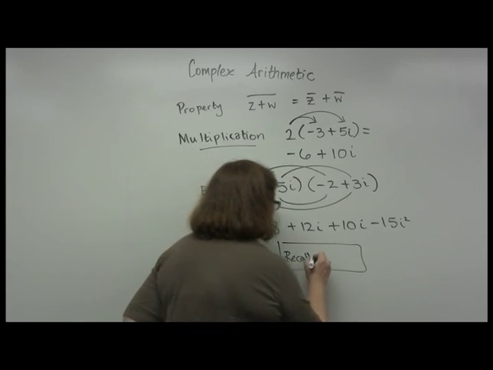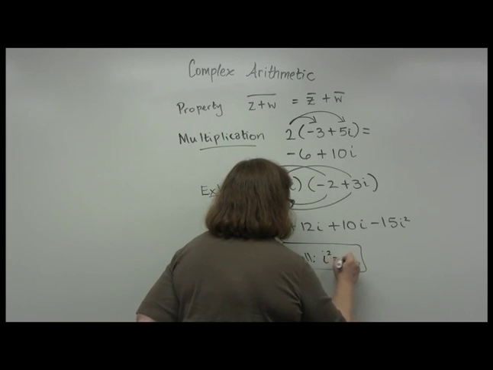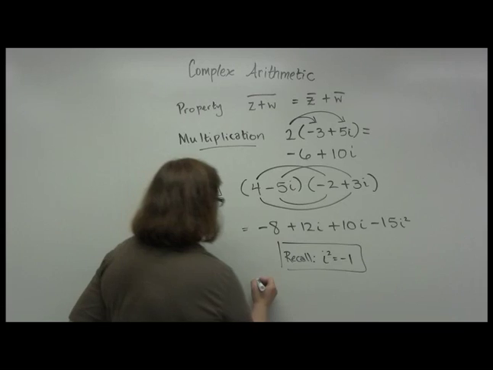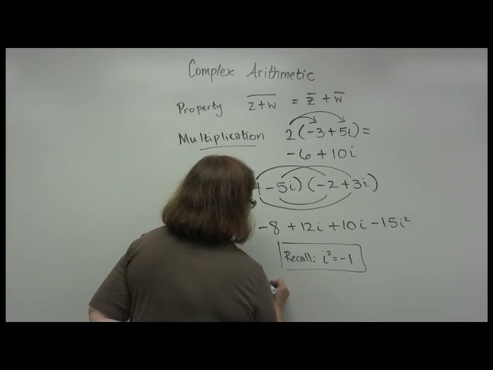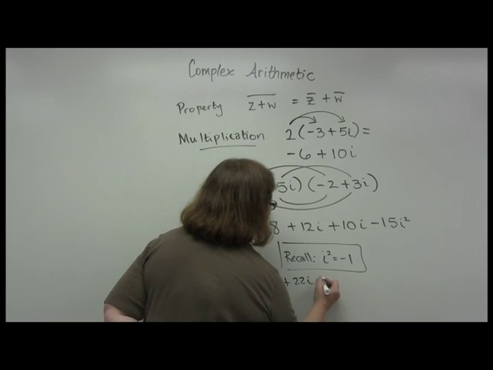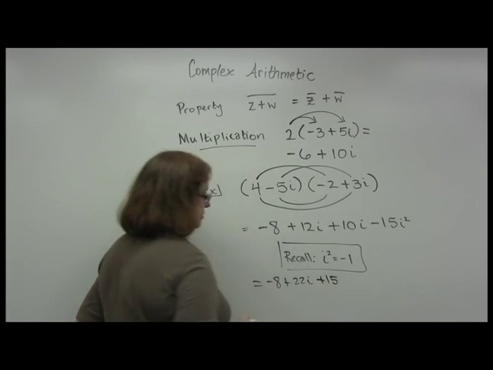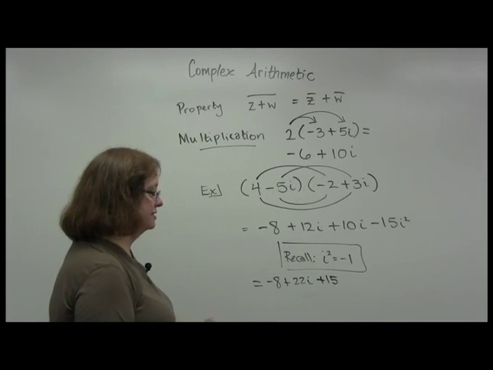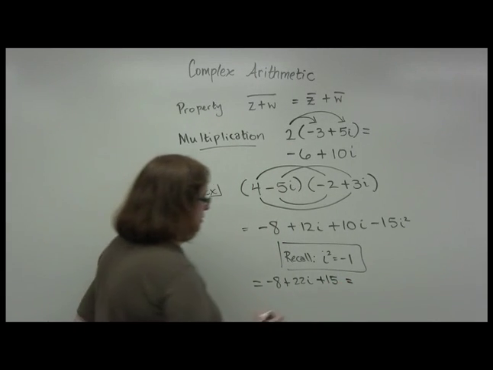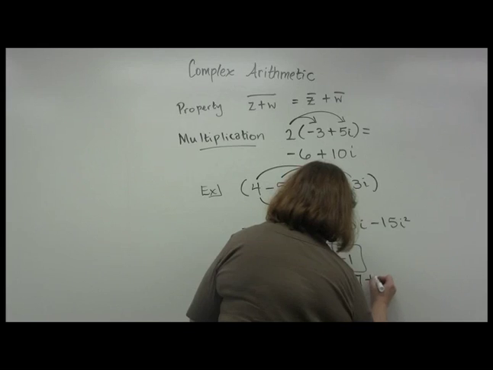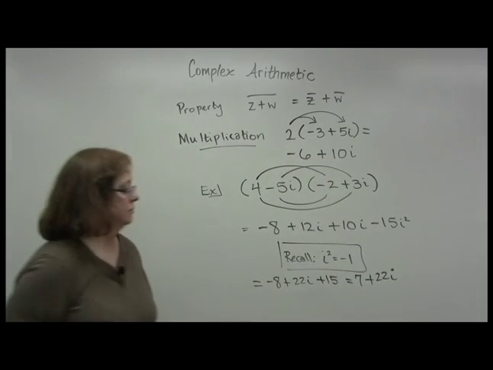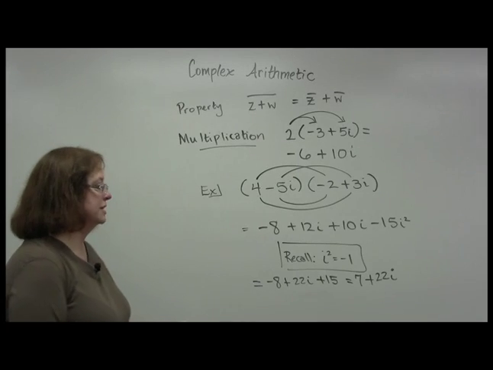So i squared would be negative 1. Okay, so that's going to turn this into negative 8 plus 22i plus 15. And so you can see finally that the answer to this is going to be 7 plus 22i. Okay, so no big surprise there.